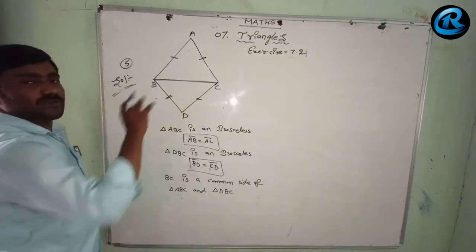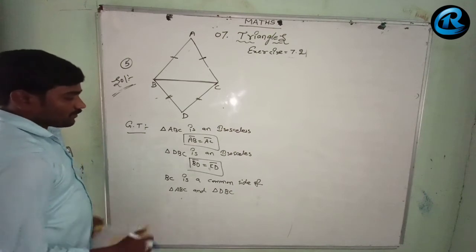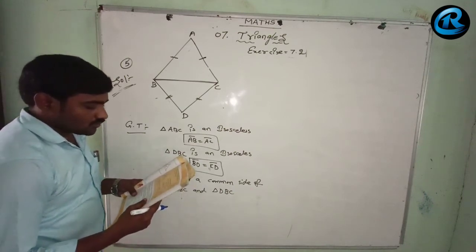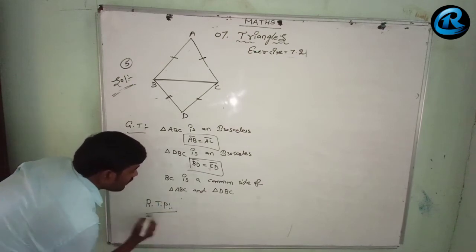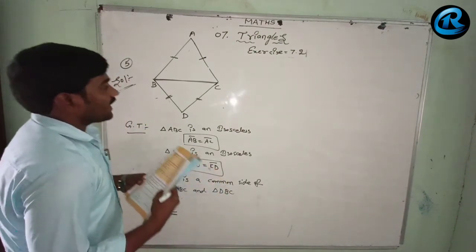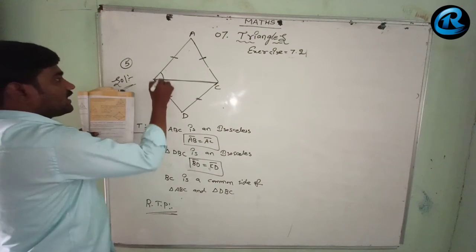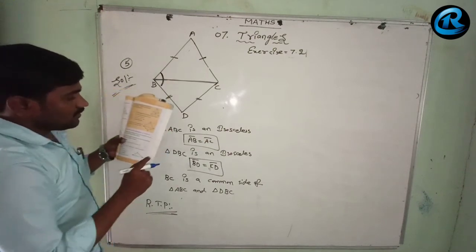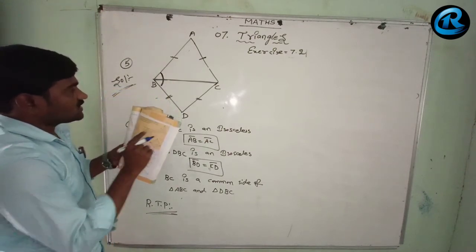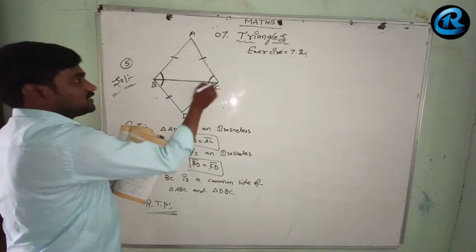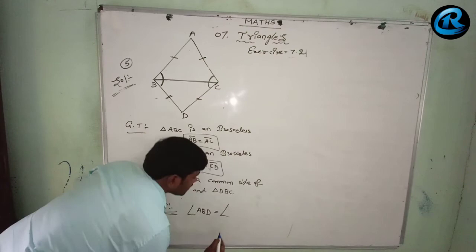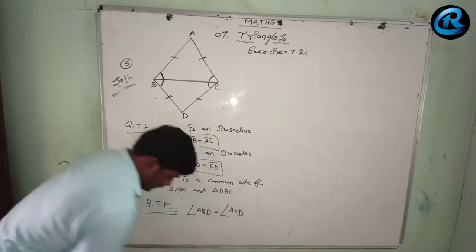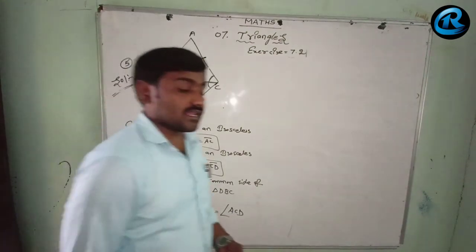Now what we need to prove? Show that angle ABD is equal to angle ACD. We have to show these two angles are equal.